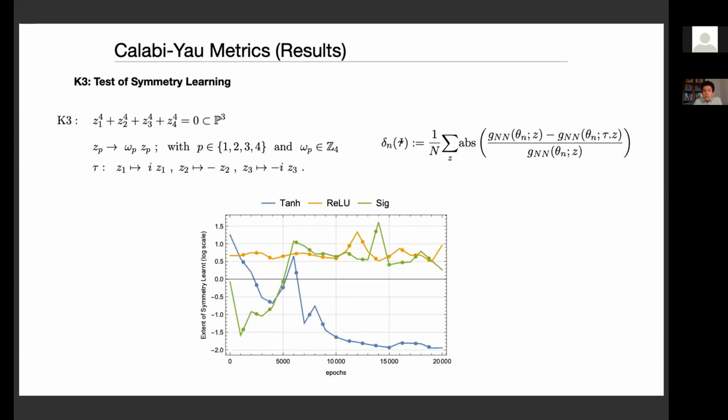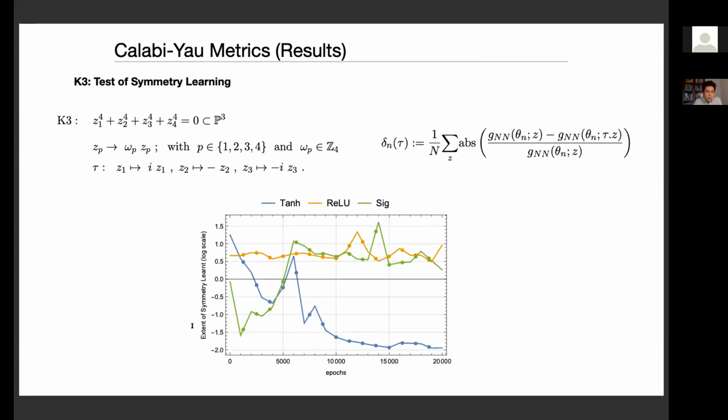So we're taking points, and we're evaluating the metric obtained from the neural network at a given point, minus the metric at the point after acting with the symmetry. And this is for every epoch. And this we rescale by the value of the metric, here the determinant of the metric at the given point.